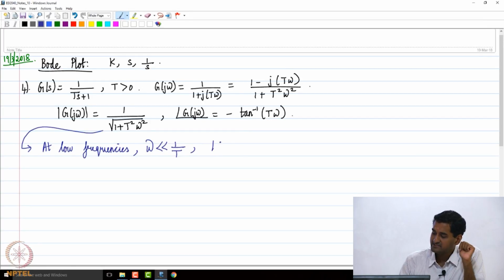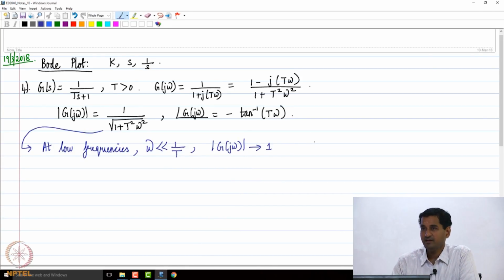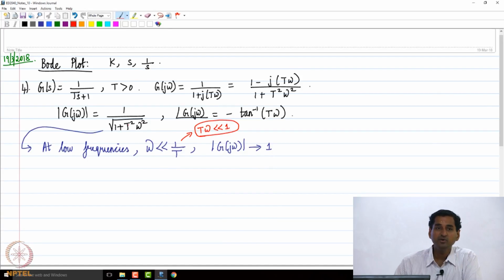We can immediately see that the magnitude of G of j omega is going to tend to 1. Why? Because when omega is less than 1 by T, T omega is very, very small compared to 1. Then what can you say about 1 plus T squared omega squared? If T omega is very small, T squared omega squared is going to be even smaller.